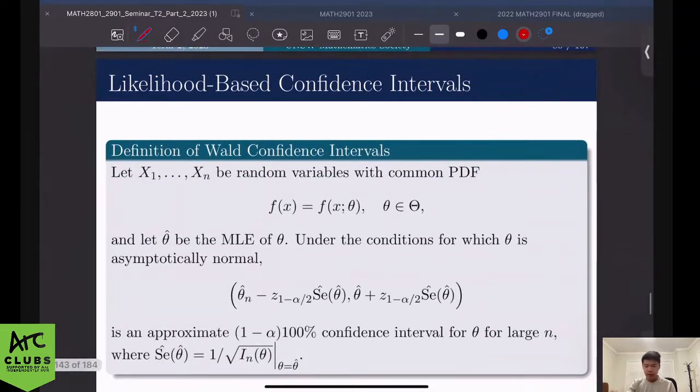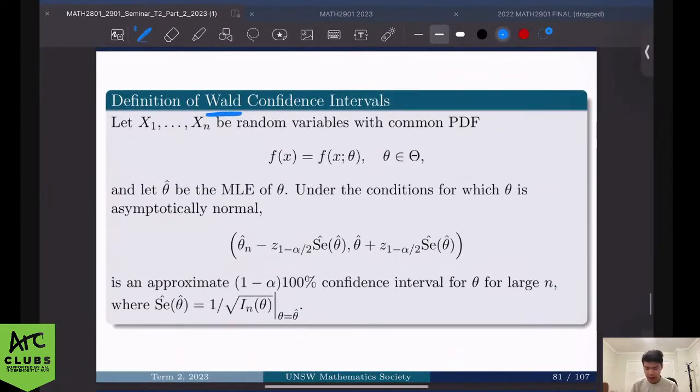The Wald confidence interval is equal to the estimator minus the quantile times the standard error, and then the same thing at the top. So once you understand the basic idea of a confidence interval, all of them become relatively easy to understand. Yeah, cool.